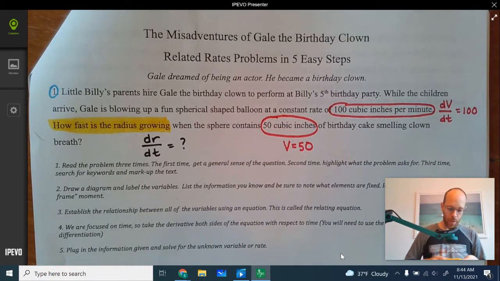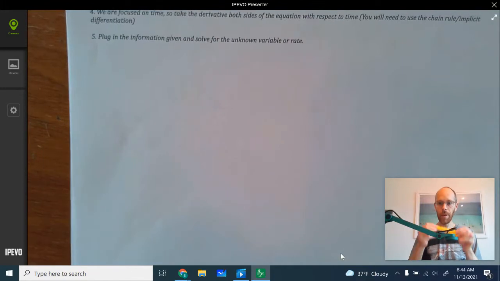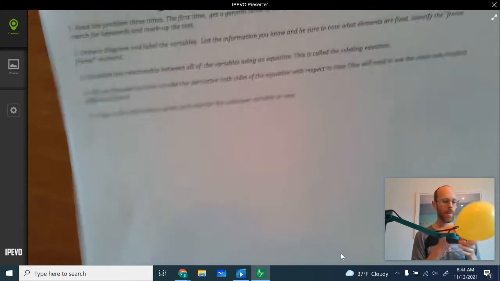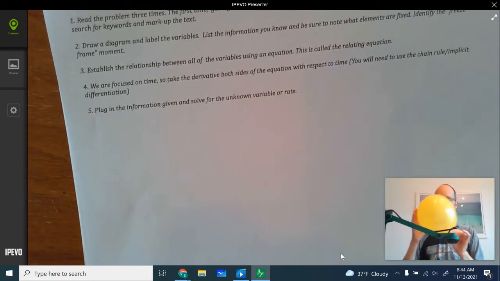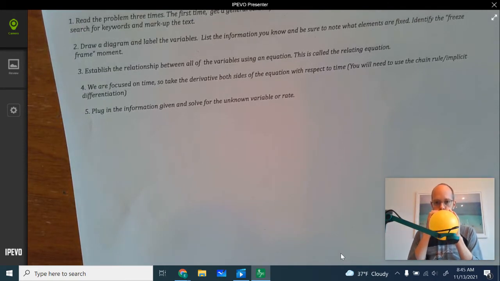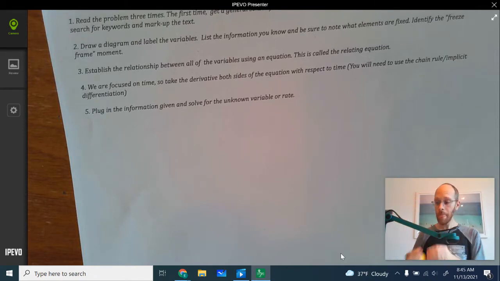Okay, so from here, it is time for us to write an equation, kind of like what we were doing last class. And I want to remind you, I've got a balloon here, that as the volume changes, so does the radius. So volume bigger, radius bigger. Volume smaller, radius smaller. And that there must be an equation that relates the size of that radius to that volume.